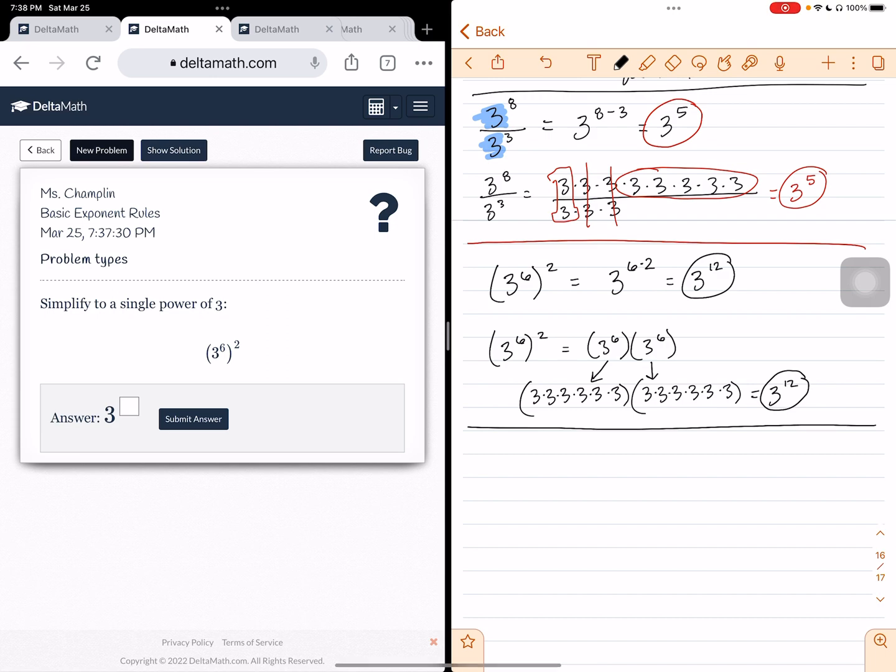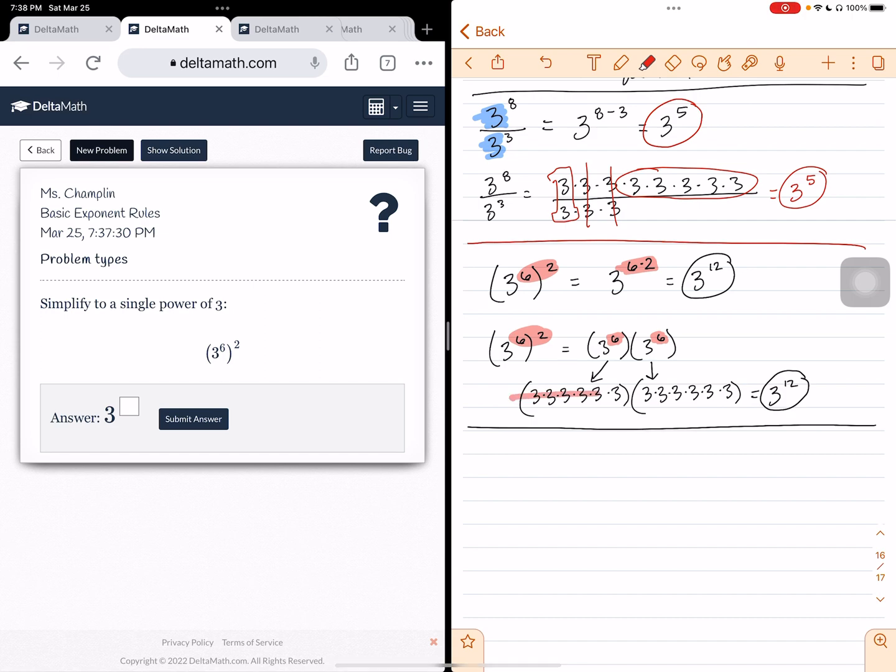Okay, so that's why whenever we have a power raised to a power like this, you can just multiply because you're duplicating it that many times, right? You're duplicating that exponent that many times here and here. That's what that means.